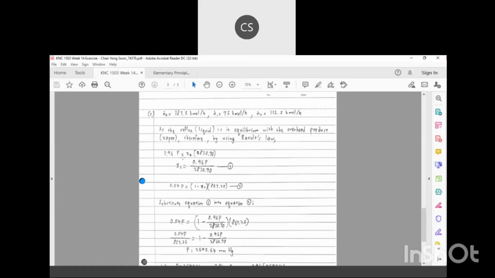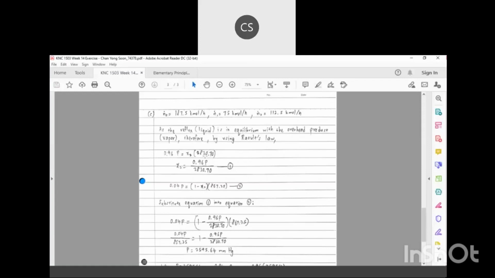Okay, from this one, you first find the butane vapor and butane liquid one, as mentioned here, since the reflux is in equilibrium with the overhead product one. And we have the mixture of the butane and pentane, so we have to find one by one first.